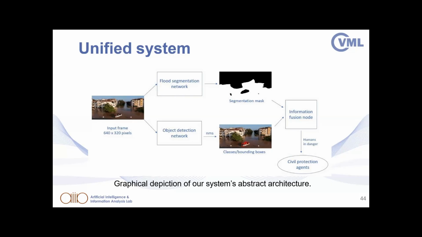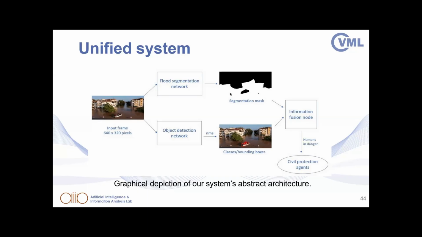This network generates a segmentation mask that highlights the areas covered by water, and at the same time, the object detection network localizes specific objects of interest in the scene, for example, humans or vehicles, and provides bounding boxes around them. Then both outputs are sent to an information fusion node.